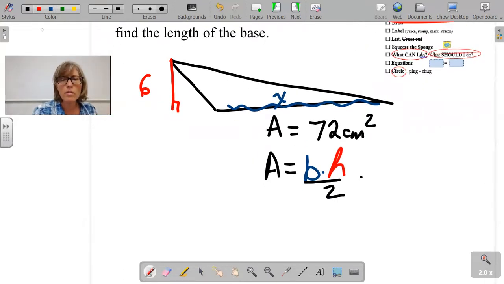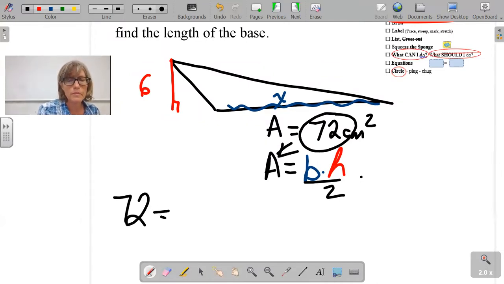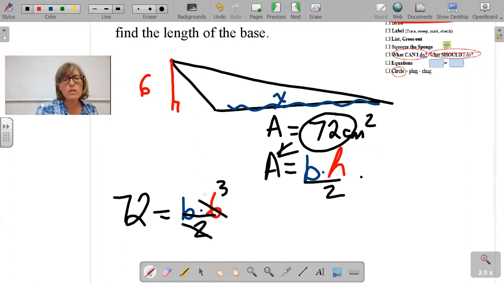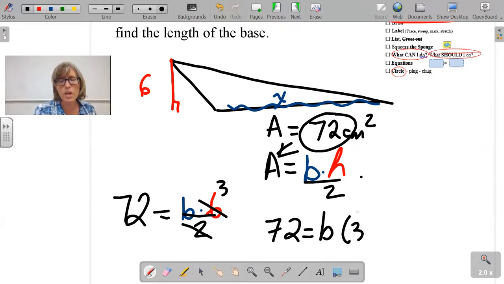Circle, plug, chug. That 72 goes right there. Base is unknown. The height is 6 over 2. I'm going to take the 2 into the 6 and get 3. So I have 72 equals whatever the base is times 3.